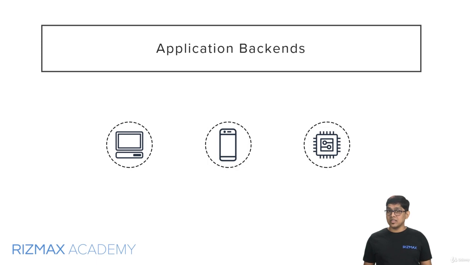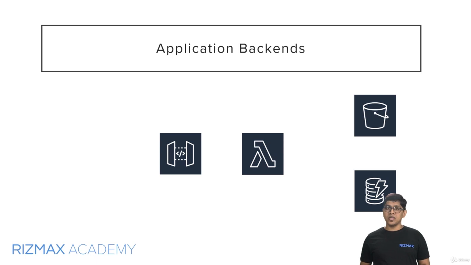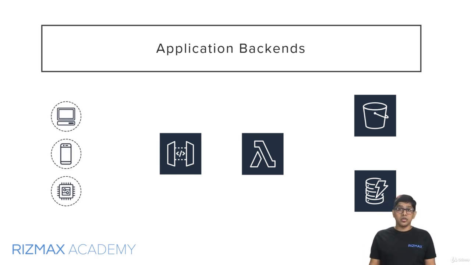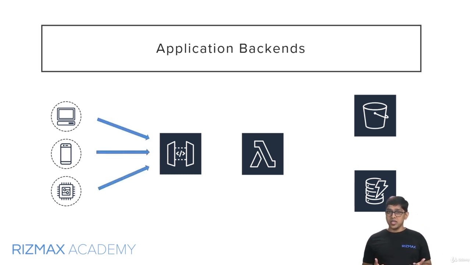Serverless web applications and their backends typically make use of AWS Lambda, API Gateway, DynamoDB, S3, or even Step Functions as needed. End users might interact with your applications through web, mobile smartphones, or even IoT devices. And these front ends act as event sources to trigger our Lambda code. Each incoming request from the end user is typically received by one of the endpoints exposed by API Gateway.